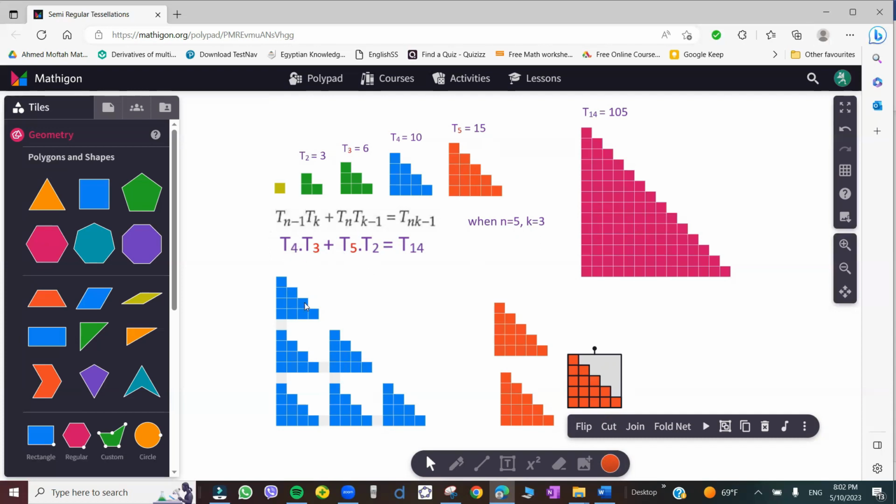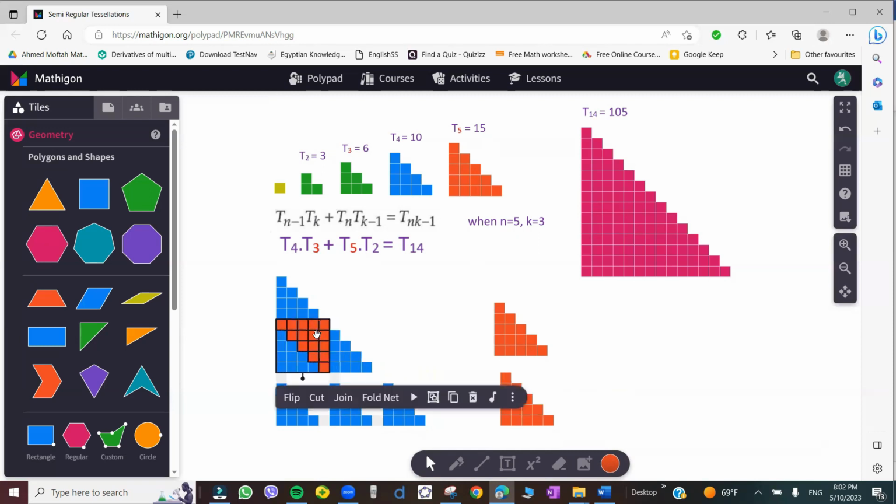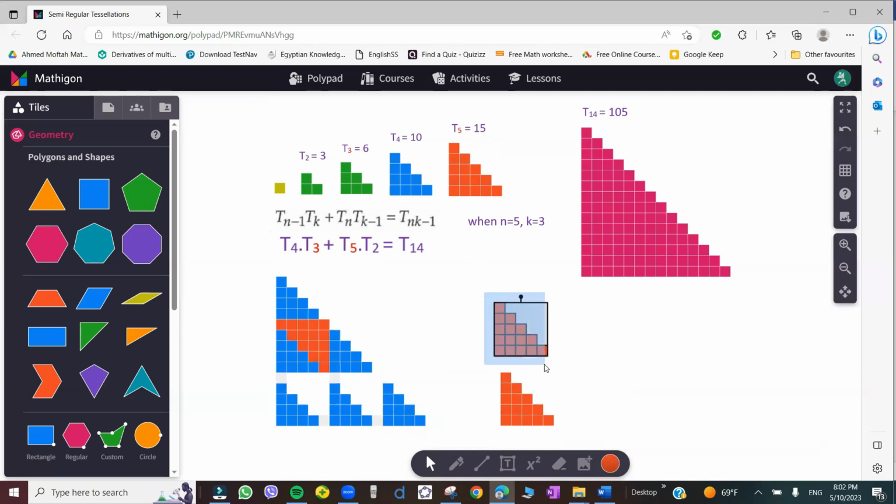Now, after getting the blue units expressing the first term and the orange units expressing the second term, to get the left-hand side we add them together. We add these units together to get the result of the left-hand side.